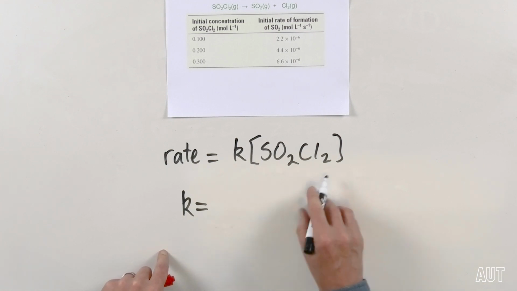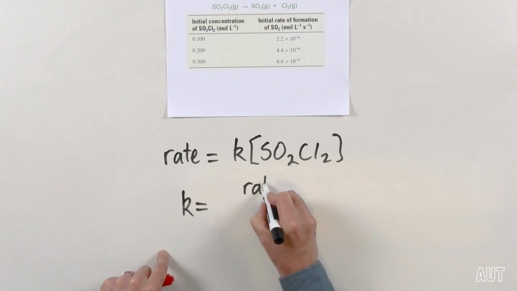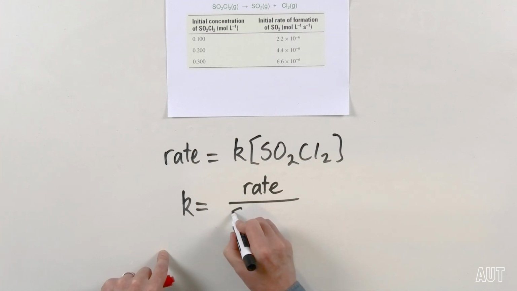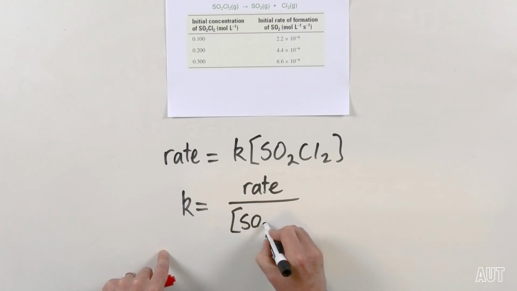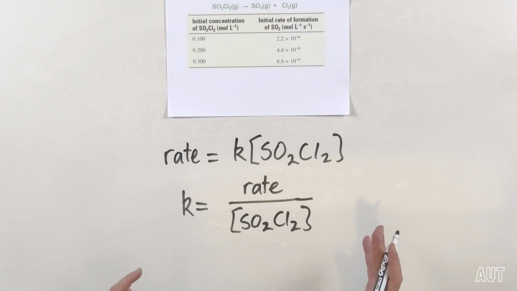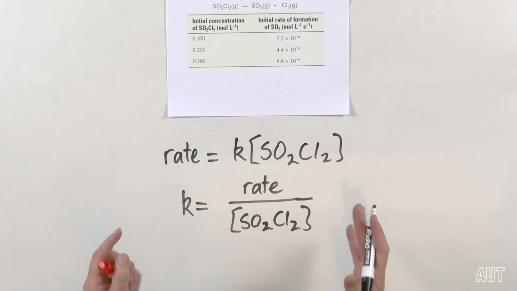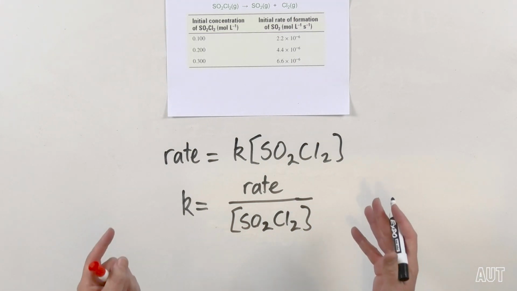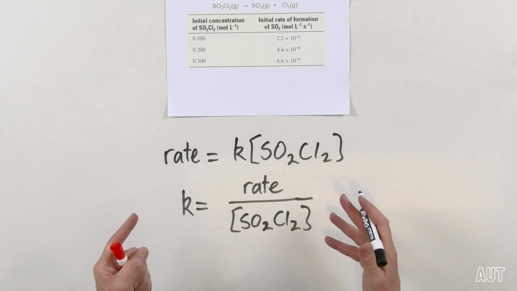So therefore K is going to be the rate of the reaction divided by the concentration of SO2Cl2. And that is going to give us our value of our rate constant. So this is a straightforward plugging in the data type of question here, okay?